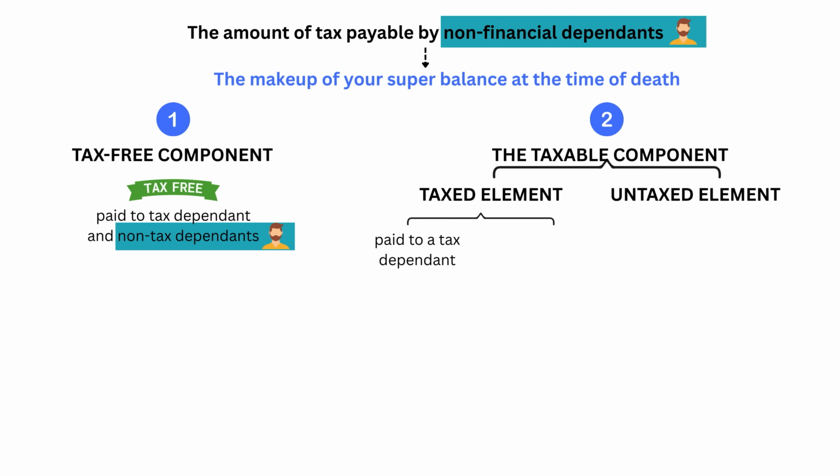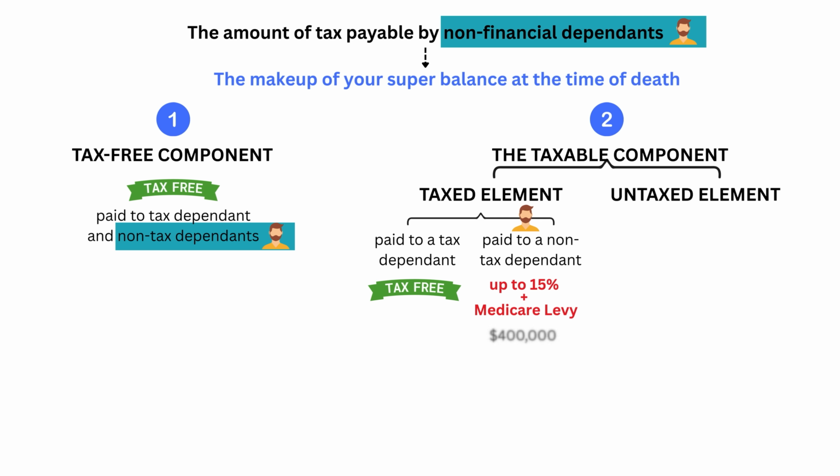If this is paid to a tax dependent, it's tax-free. But if it's paid to an adult child, it's taxed at 15% plus the Medicare levy, bringing the total to up to 17%. For example, if $400,000 of your balance is in the taxed element, your adult child could lose around $68,000 straight to tax.